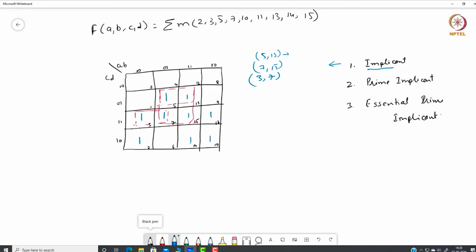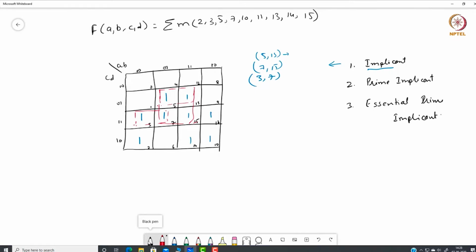The difference between implicant and prime implicant is that a prime implicant is one implicant that cannot be further optimized, or basically you cannot create a larger cube out of that particular implicant. So let's take an example. Let's take 5 and 13 as an implicant. So is it a prime implicant?